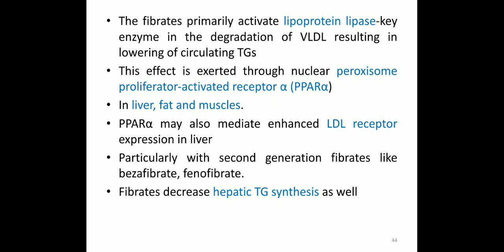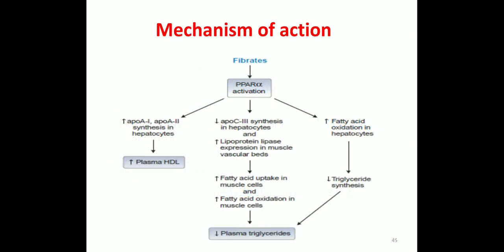PPAR alpha may also mediate or enhance LDL receptor expression in the liver, particularly with second generation fibrates like bezafibrate and fenofibrate, and ultimately fibrates decrease hepatic triglyceride synthesis as well. So three mechanisms: first, it increases the degradation; second, it enhances the LDL receptor; and third, it decreases triglyceride synthesis.